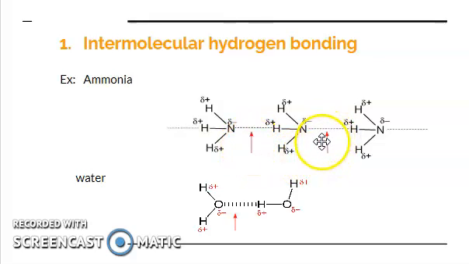Here also, the nitrogen of the second molecule is forming a hydrogen bond with the hydrogen of the third molecule. Similarly, for water, the oxygen of the first molecule makes a bond with the hydrogen of the second molecule. So this is how intermolecular hydrogen bonding exists between the molecules and between the electronegative atoms and hydrogen.